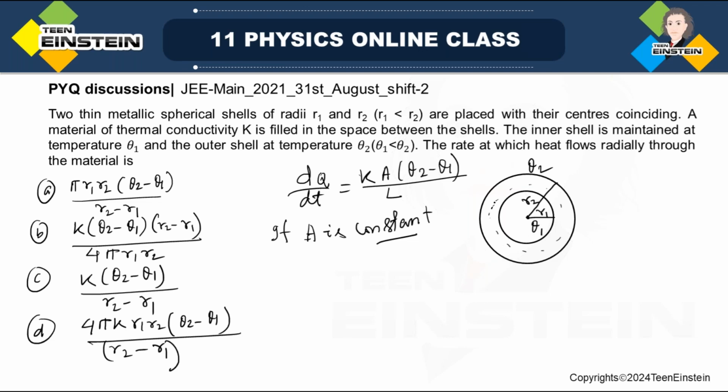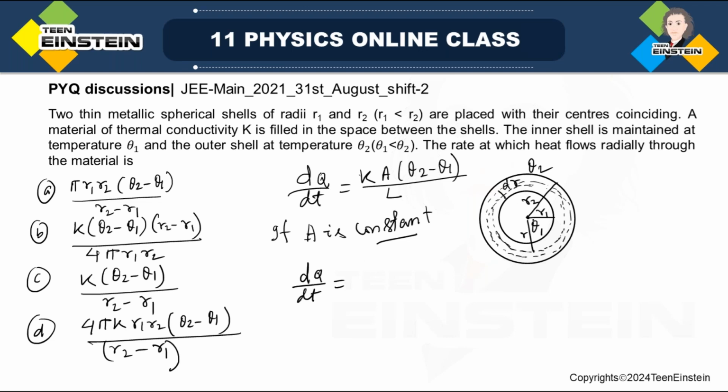I'm just taking an elementary cell at a distance small r and having thickness dr. Okay, this thickness dr. So dQ by dt is what I have to find out.